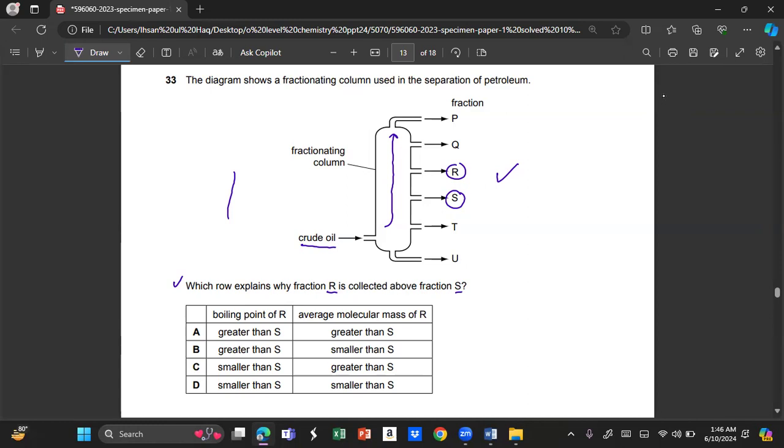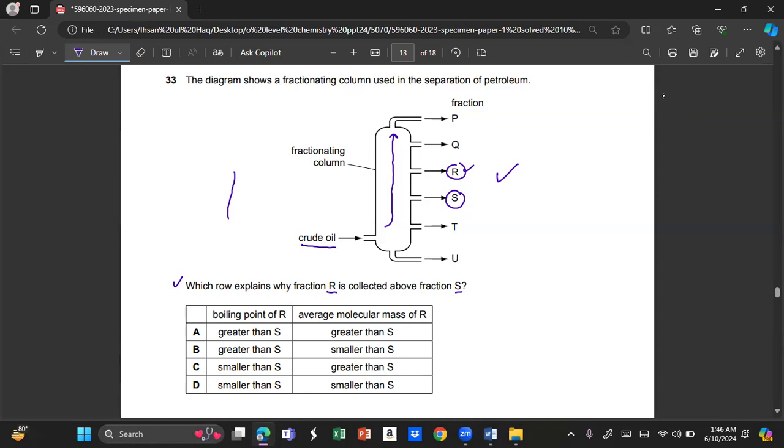They will move to the top, while the fractions with boiling point higher than the upper one will be separated at the end. So if R is separated above S, that means fraction R must be lighter than fraction S. Fraction R must have weak intermolecular forces and a lower relative molecular mass.